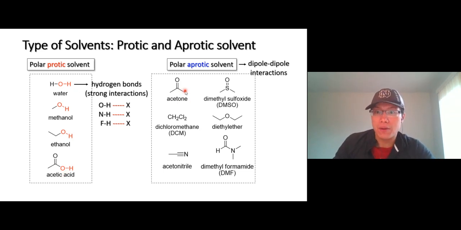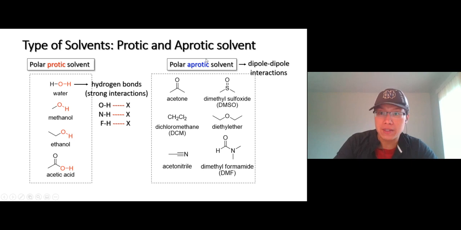That's my point. It can if you mix it with a hydrogen bond donor, but it can only be an acceptor. The main interaction of all these solvents is just dipole, so we call them polar aprotic solvents.